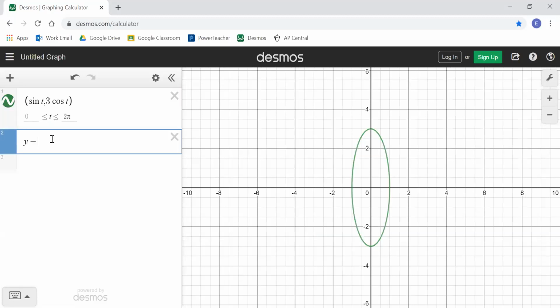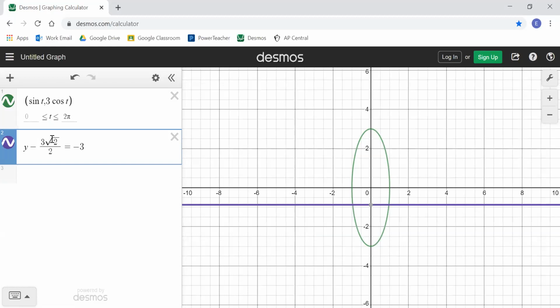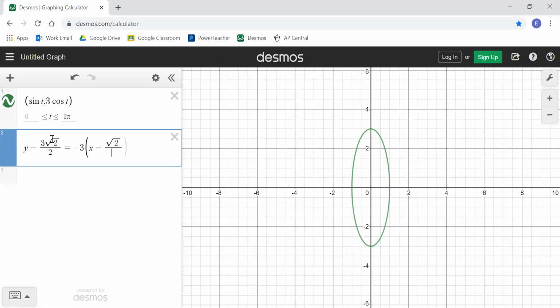Our equation was y minus 3 root 2 over 2 equals -3 times x minus root 2 over 2. And sure looks like that's our one tangent line there, right? On the interval from 0 to 2 pi.